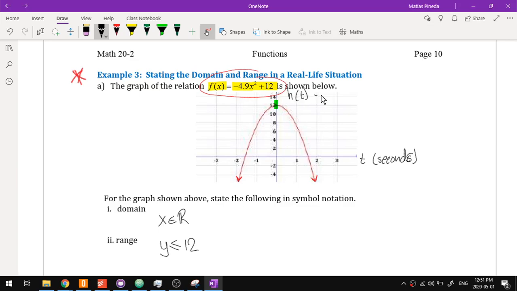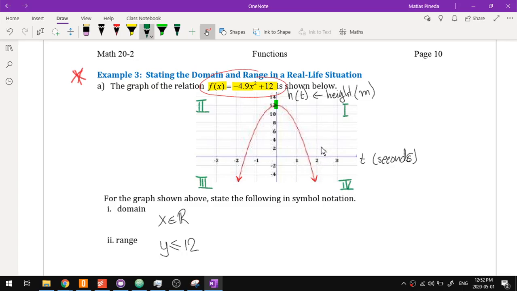That's our height in meters. And so this is a Cartesian plane. We have the 4 quadrants of the Cartesian plane here. We have quadrant 1, quadrant 2, quadrant 3, and quadrant 4.